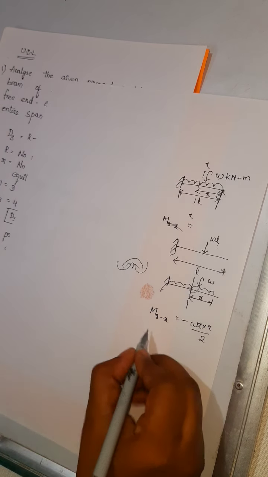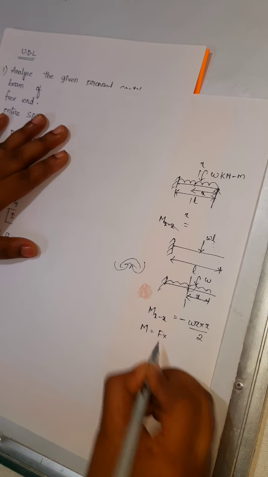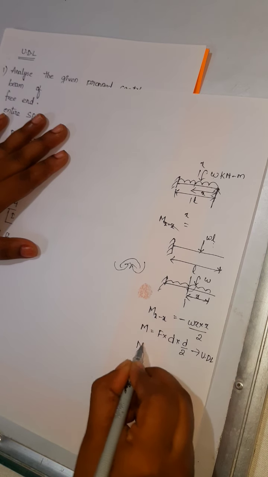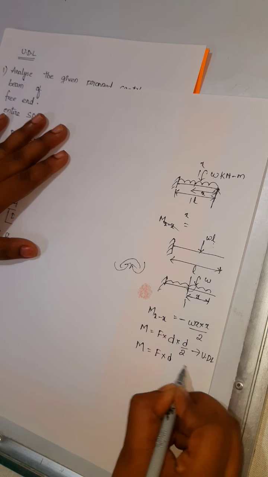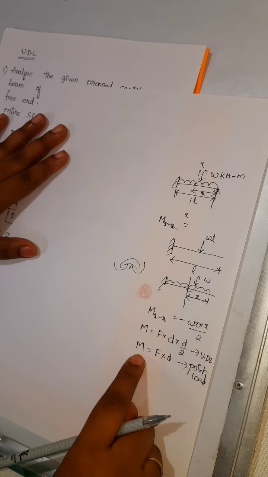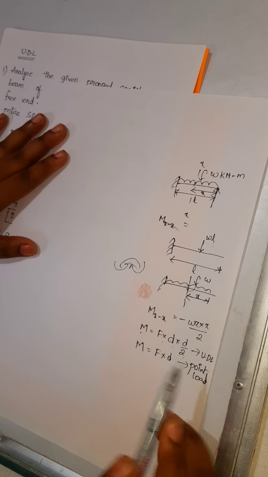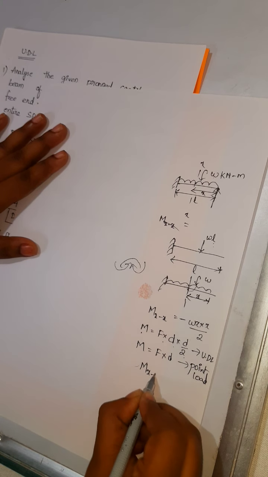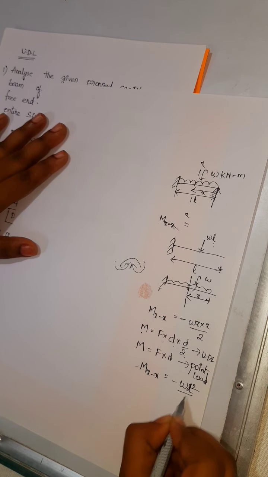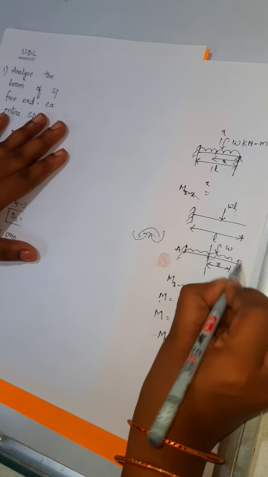For UDL, moment is equal to force into distance by 2. If it is a point load, moment is force into distance only. So the moment at section XX is equal to minus WL square by 2. See here, I am taking it as A and B.